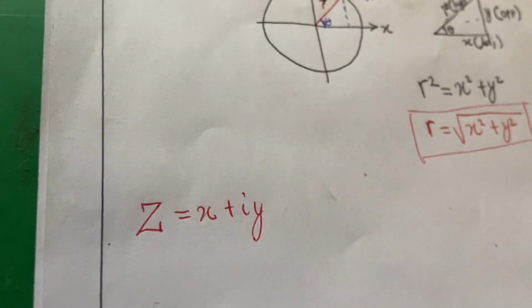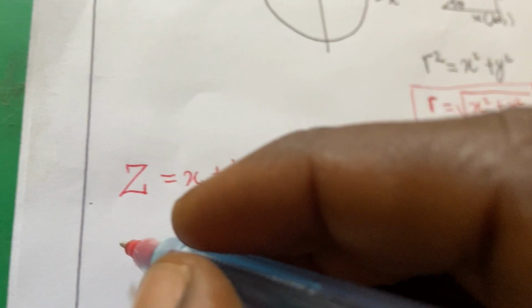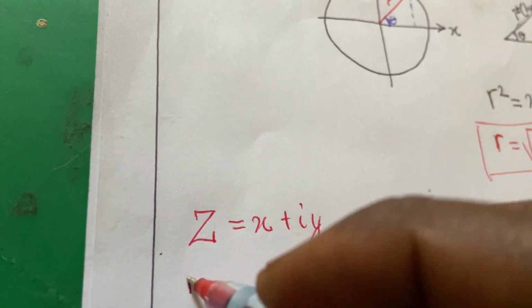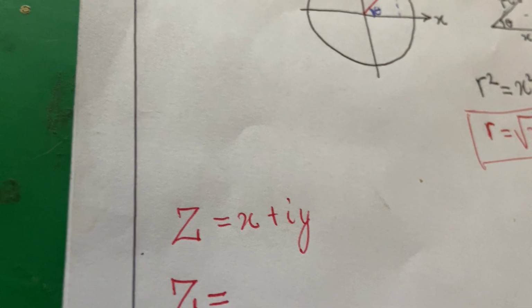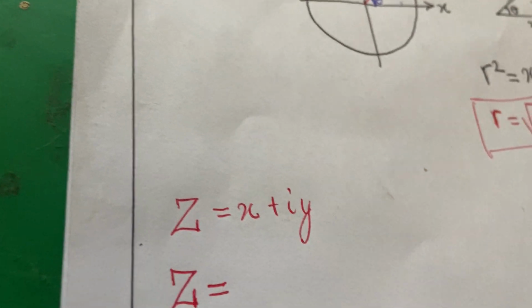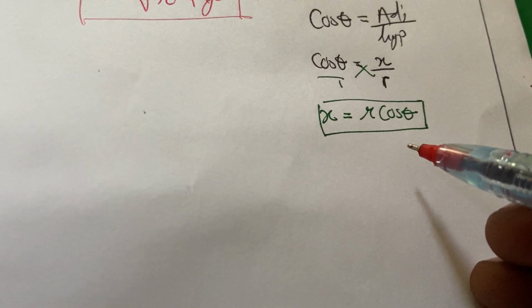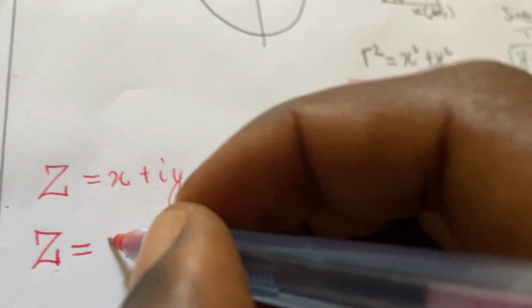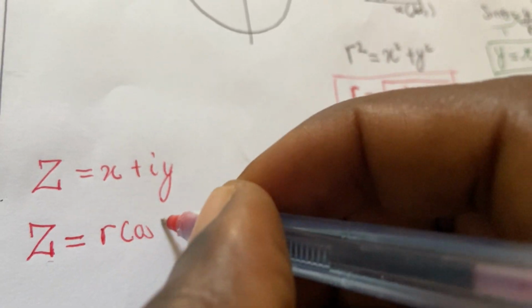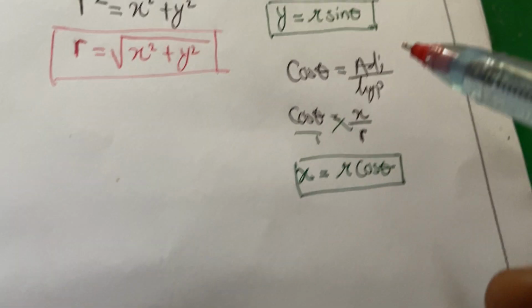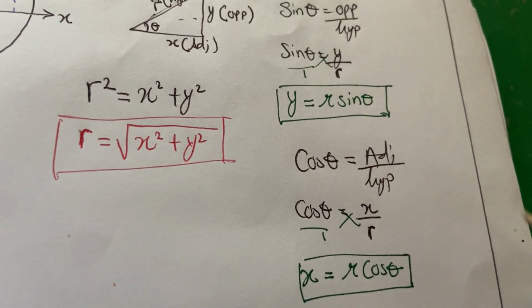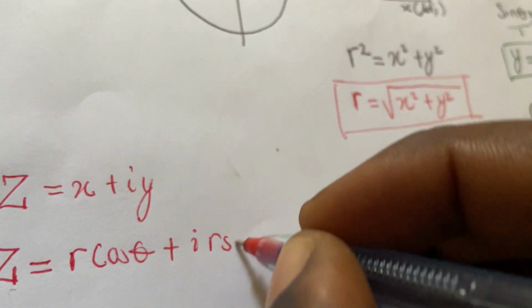So we're going to have z equals, instead of x, r cos theta, plus i, instead of y, r sin theta.